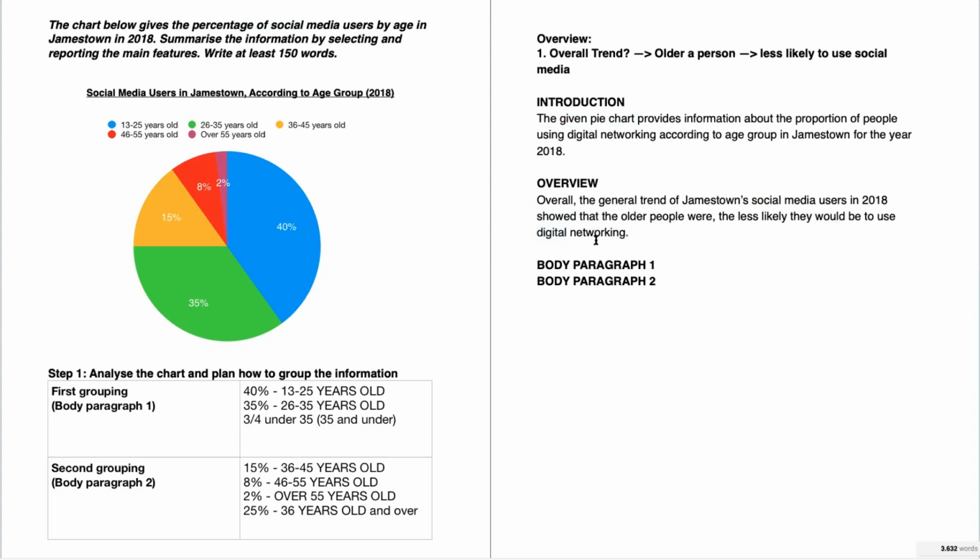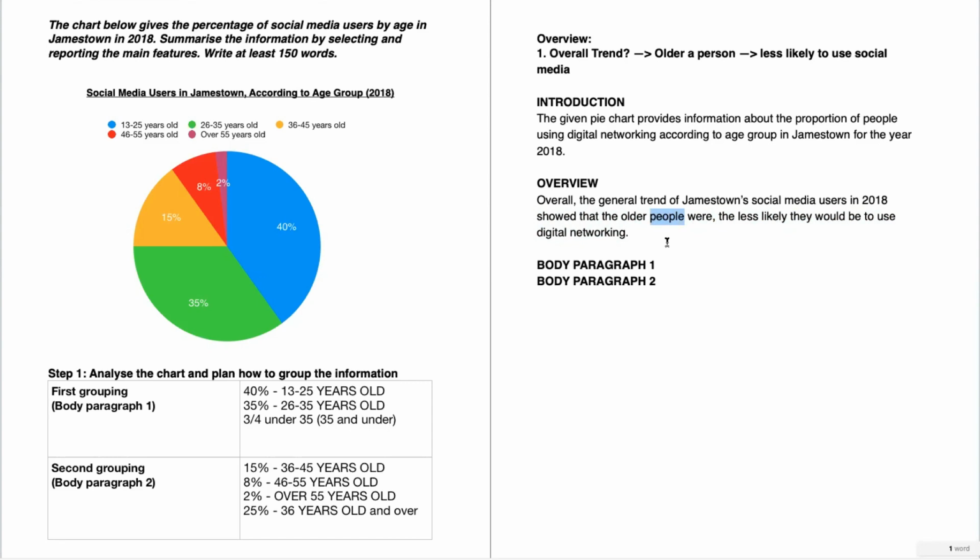I do want to point out this helpful grammar, which might be a bit confusing. So we see here that the older people were, the less likely they would be to use digital networking. Now, this is a type of conditional phrase. So again, remember, people is a plural word. It is irregular.